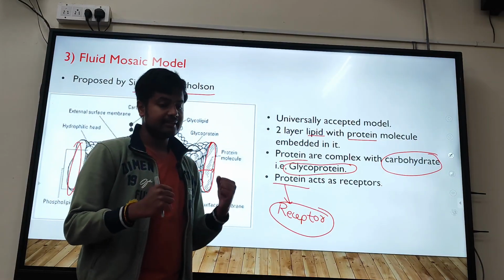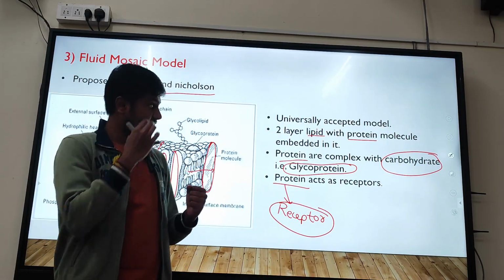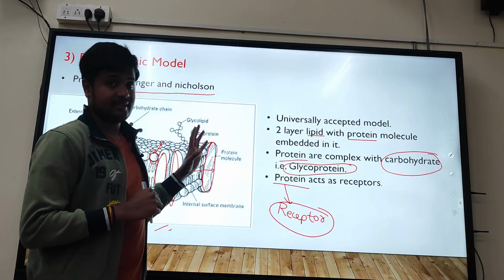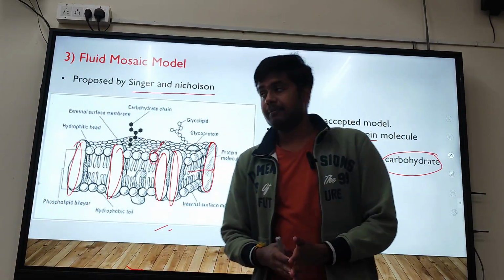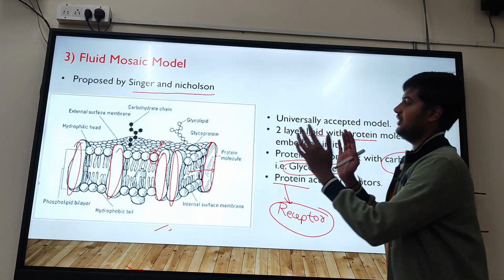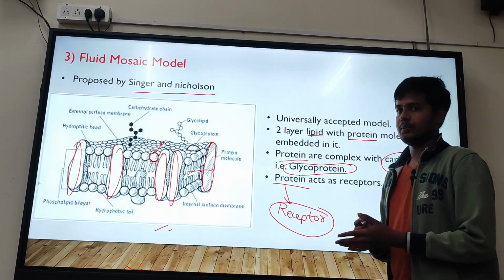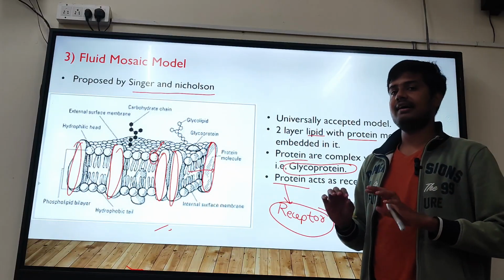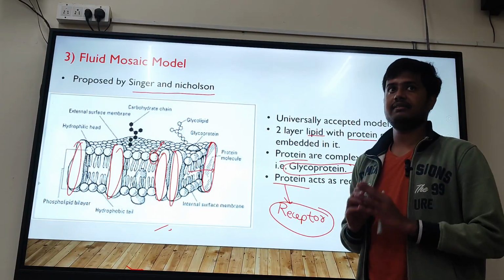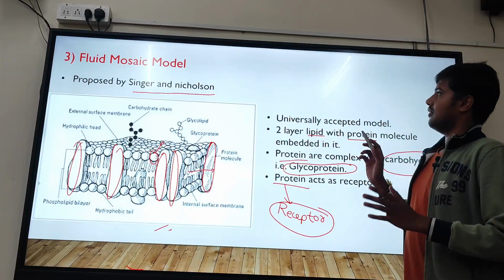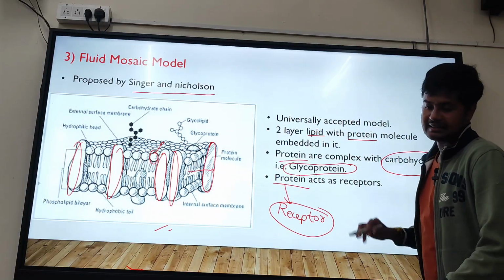It receives the signals from the external environment to the bilayer. This fluid mosaic model is widely accepted because it cleared all the concepts which were doubted by everyone. Therefore, we consider it the universally accepted model.